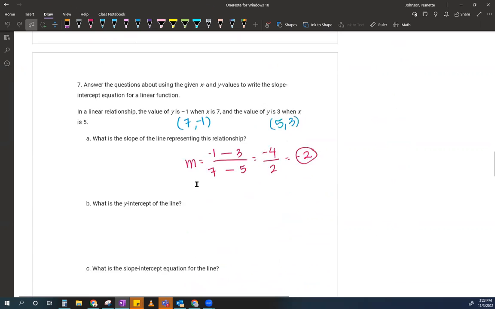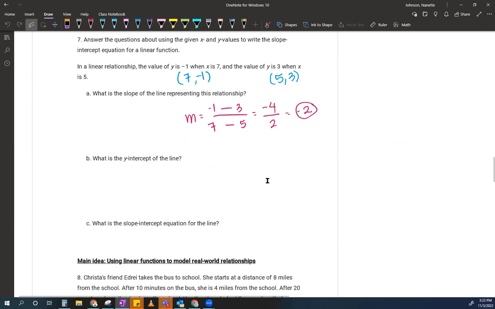Yeah. So let's see all those different ways. Which way would you do, Ms. Johnson? I probably plug in. So right now I'm going to plug into my equation y equals mx plus b. I already know what x is, and I know what m is, but I don't know what b is. So I'm going to put in my m, and then I'm going to plug in one of these points.